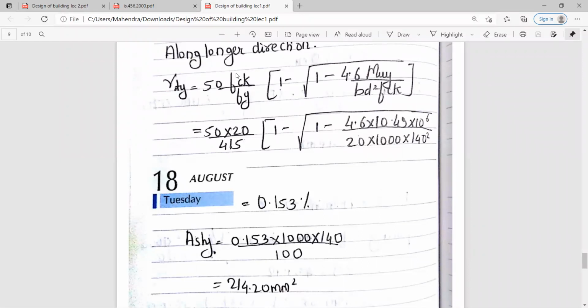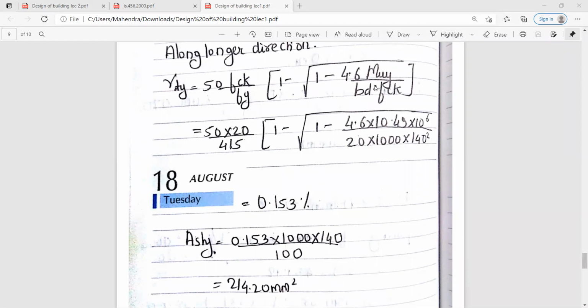FCK is nothing but the grade of the concrete. So the grade of the concrete is given to you, that is 20. And the Fy is nothing but the grade of the steel. So the grade of the steel is given to you, that is 415. Then Muy is nothing but the moment that you had got in the earlier step.